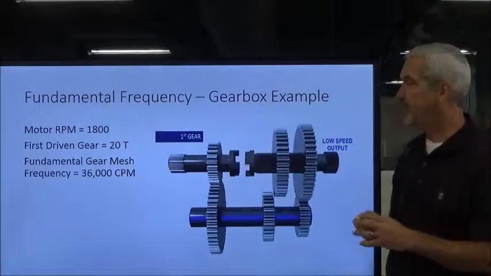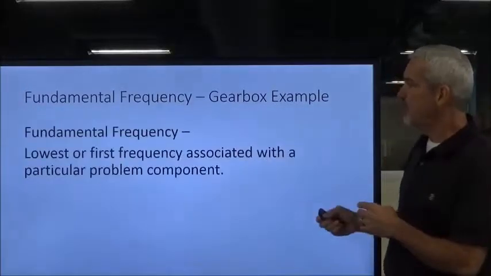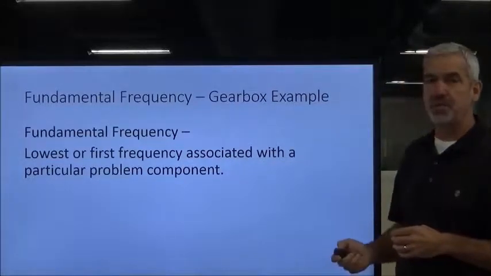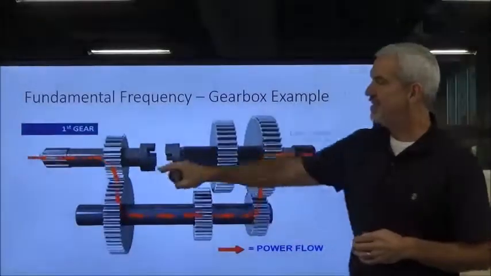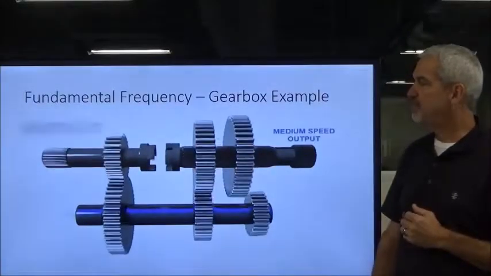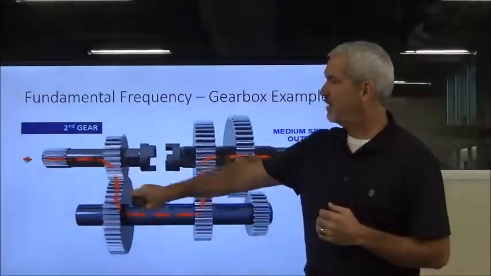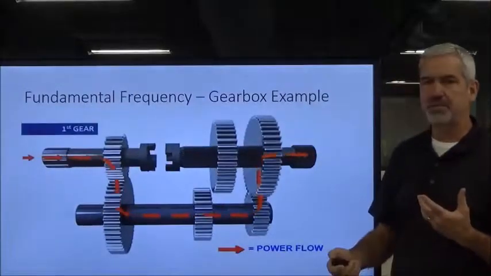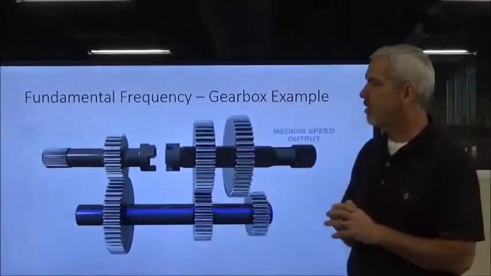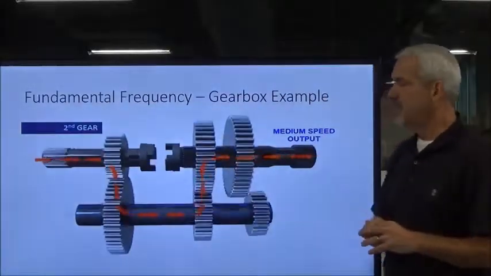Remember, the definition said it was the lowest or first frequency associated with a particular problem. It's based on that first gear, multiplied by the speed of the input shaft, and then you can start to figure out all of the other frequencies.